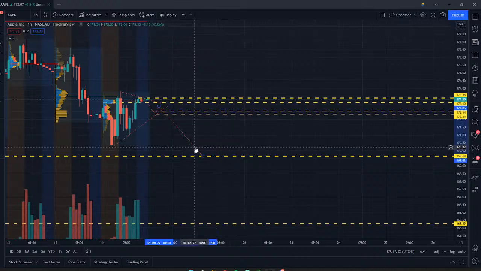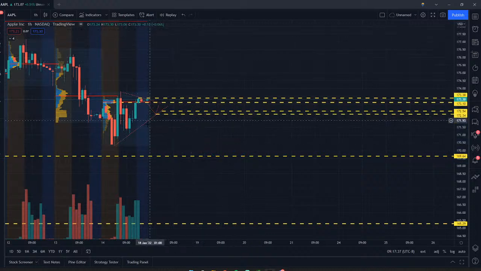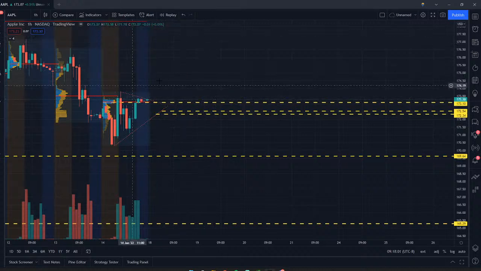Points of control are where you have the largest price action on any given day. So buying and selling. So this red line would be the area on the chart where you have the most buying and selling taking place on any given day. So for this, it's January 14th. So this line here is the January 14th virgin point of control. And it remains a virgin point of control until it gets touched on the next day. I'll try to show examples of that.